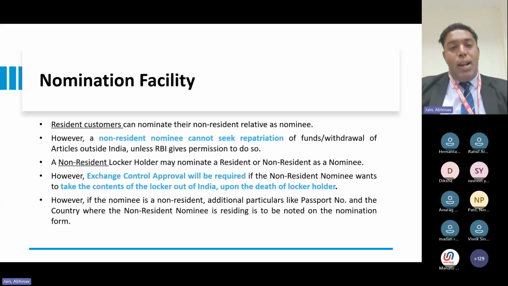Exchange control approval is required. Very important: exchange control approval is required if an NRI or non-resident nominee wants to take the content of the locker outside India. Suppose you are nominating any non-resident person as nominee in the locker, please do take additional particulars like passport number and country, or residential status of that particular person.